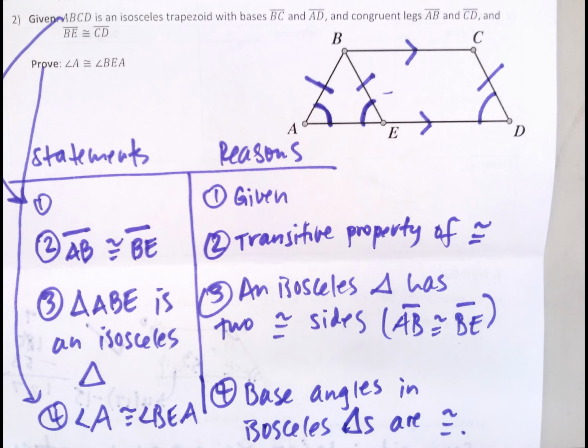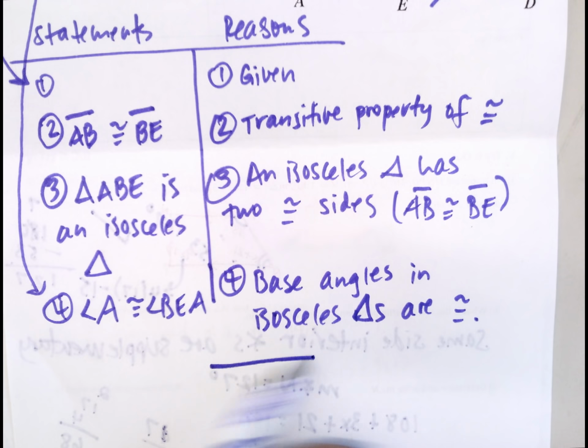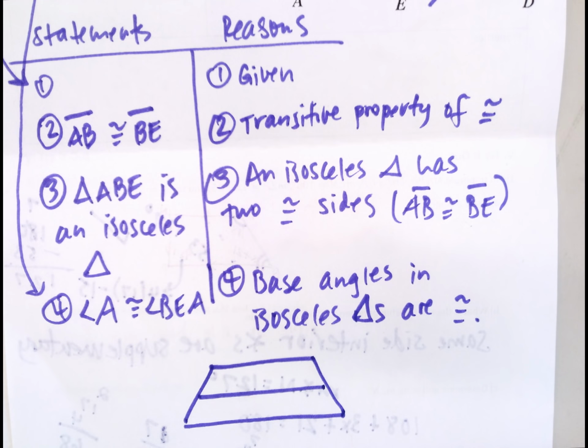All right, so the last thing we're going to talk about, because of the IXL assignment that you have, is the case of you having a trapezoid with a mid-segment, and so those can be kind of tricky, okay?